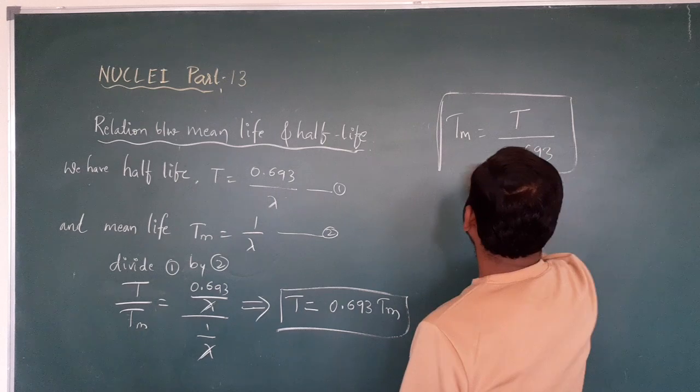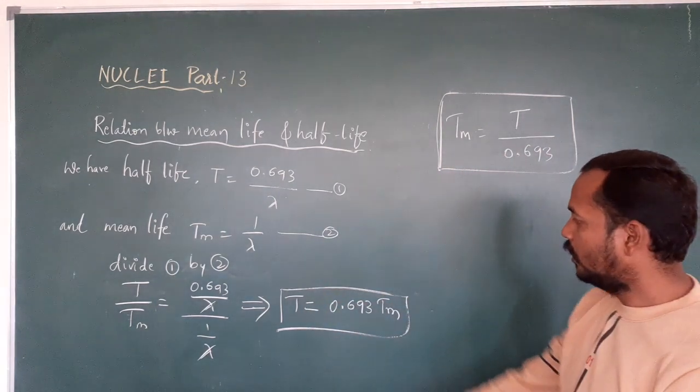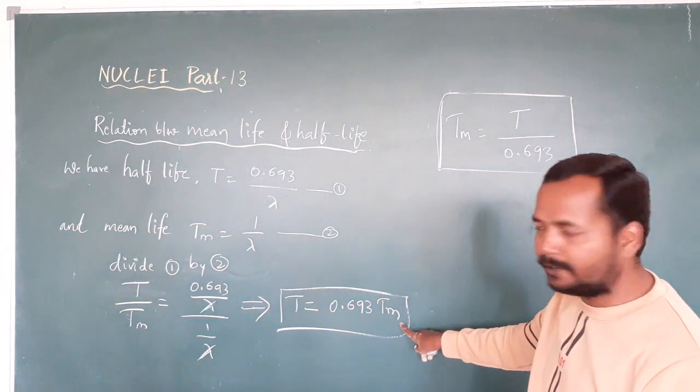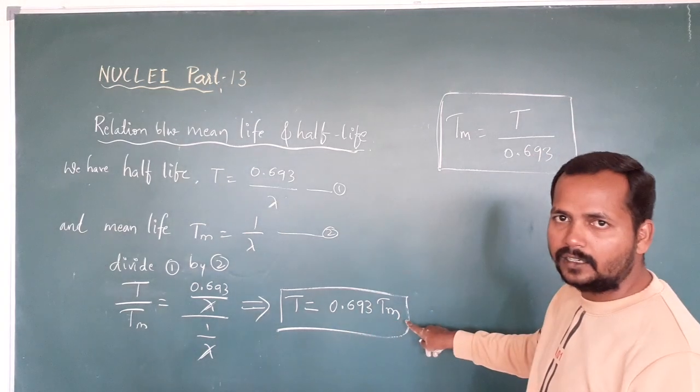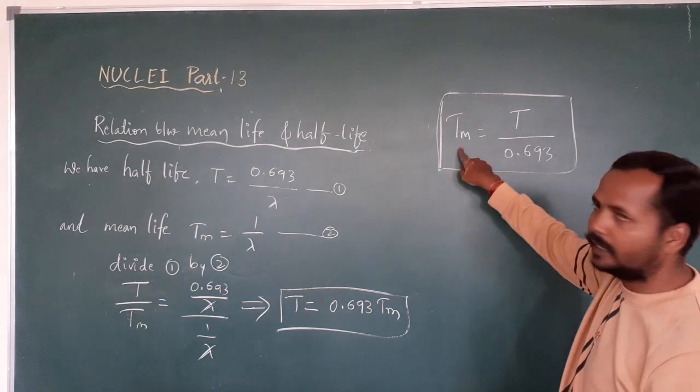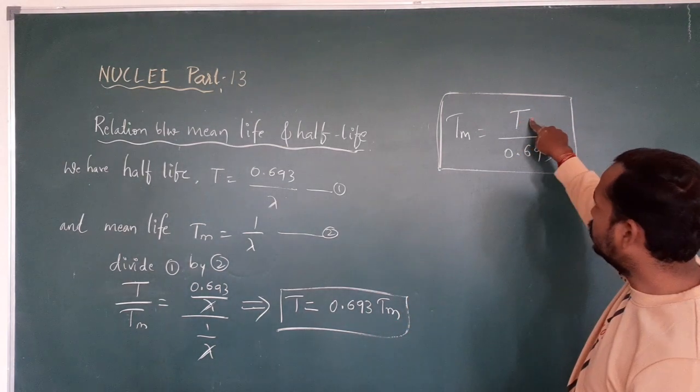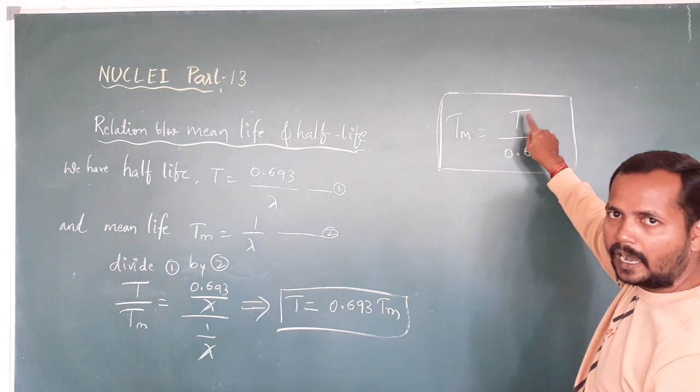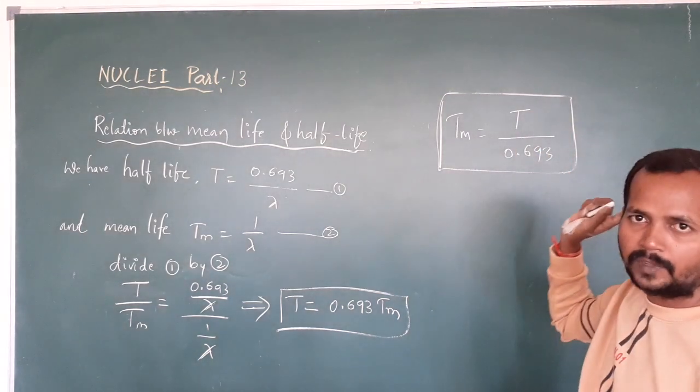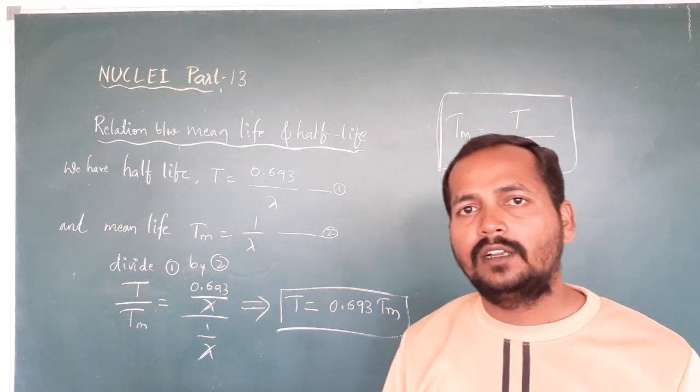Both are correct. So half life in terms of mean life is 0.693 times mean life, and mean life is the ratio of half life divided by 0.693. This is the relation between mean life and half life.